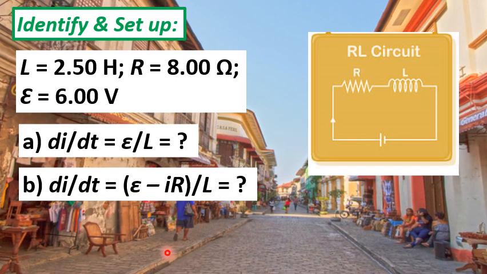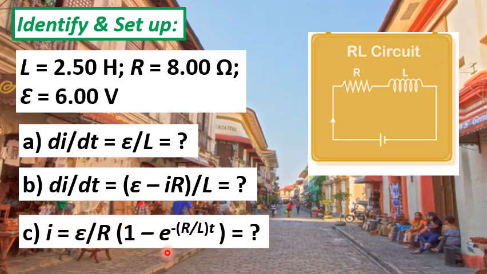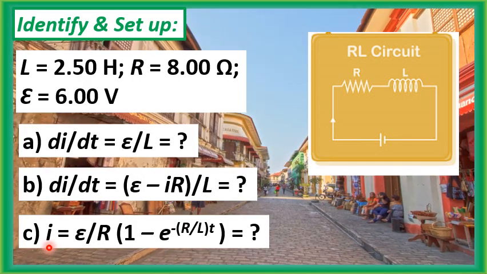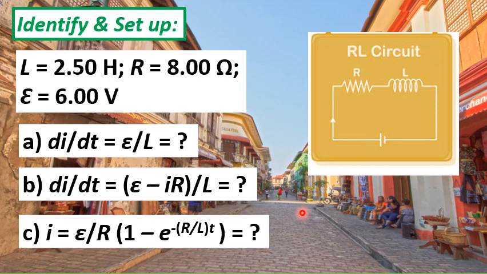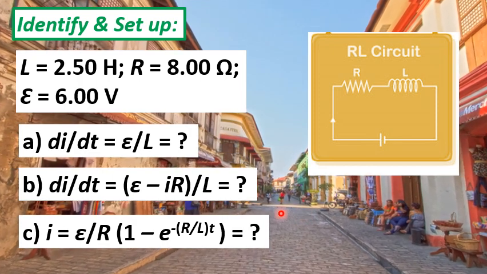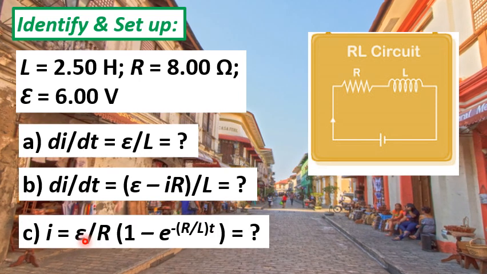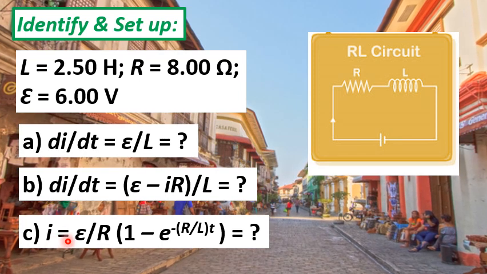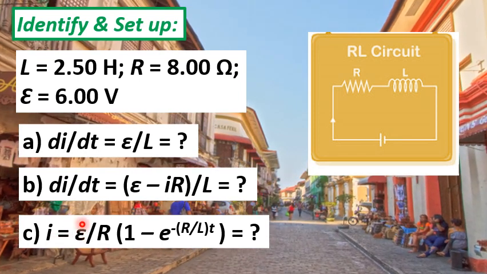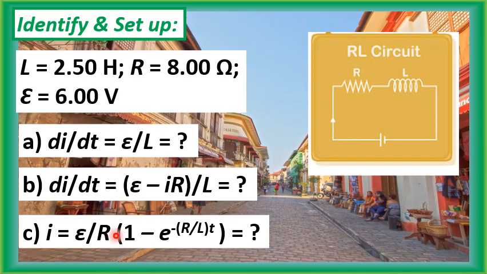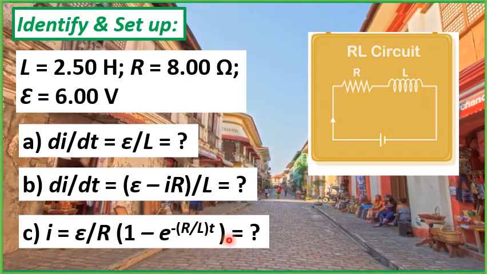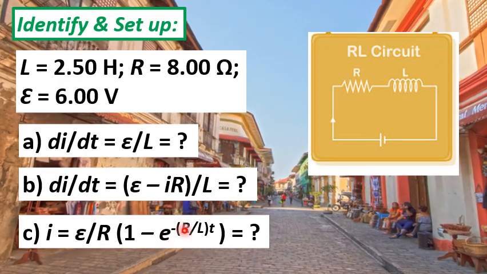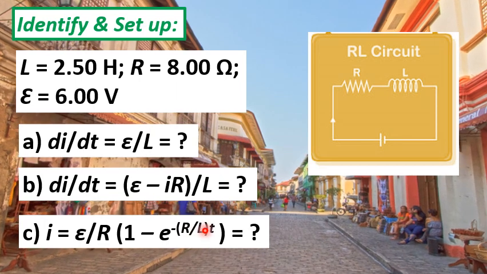And for letter C, our target variable is the amount of the instantaneous current, small letter I, at a given time equal to 0.250 seconds. And that would require using this formula. Instantaneous current I is equal to the EMF epsilon divided by the resistance, big R, times the quantity 1 minus Euler's number raised to the power negative R over L times the time t.